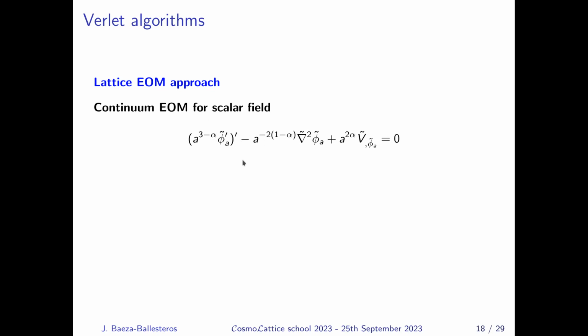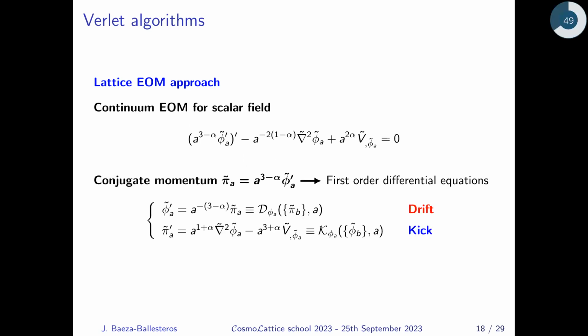And you should see this as a very similar equation to the equation we had before after applying the lattice action approach. So what we are going to do is kind of the same. We are going to define a conjugate momentum that is the quantity inside this time derivative.